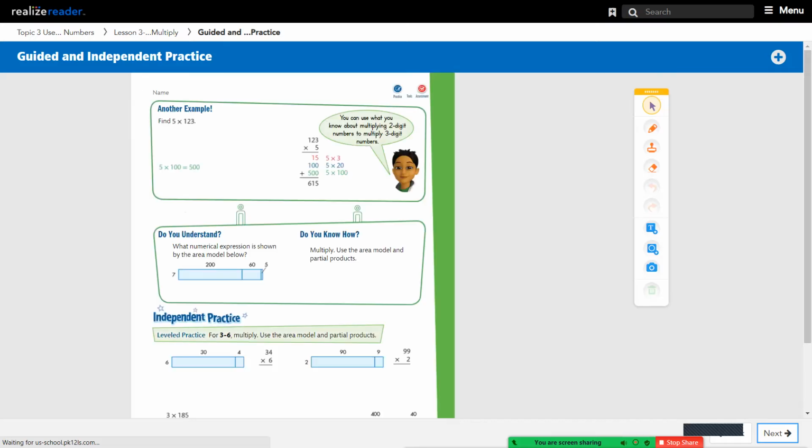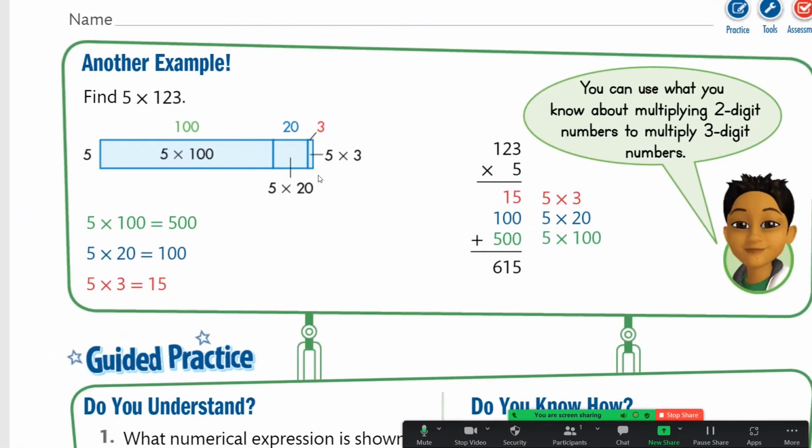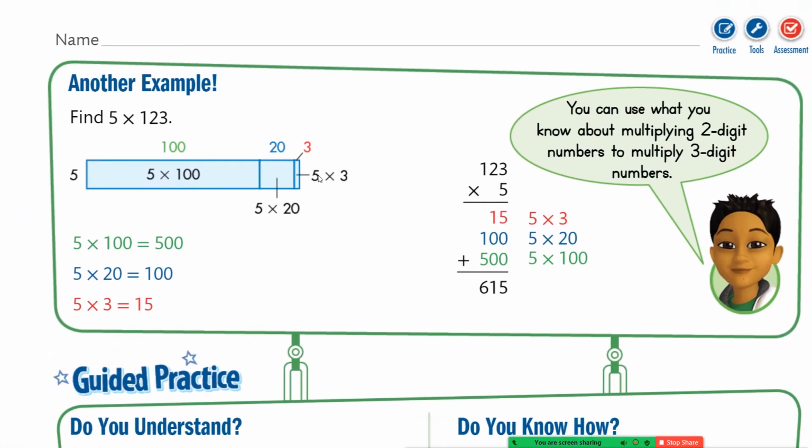Now before we take a look at our guided practice, this is another example other than the one we were working on in the lesson. Over here it said find 5 times 123. So here's your 5 on this side, and 123 is all the way across the top.